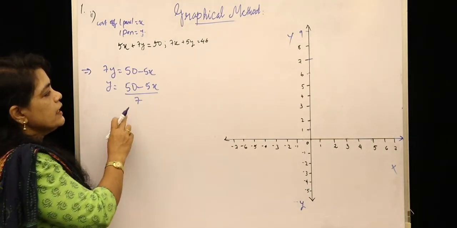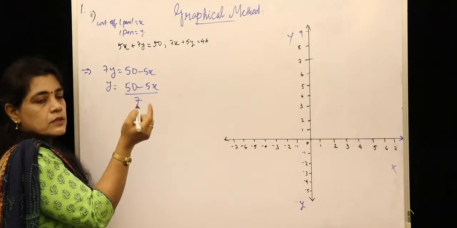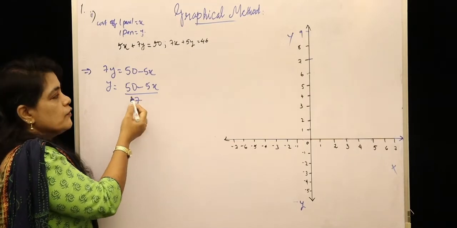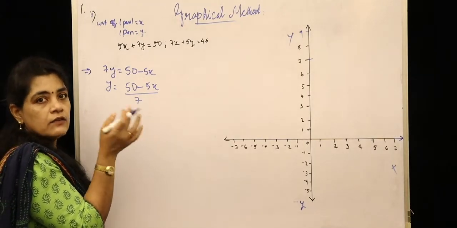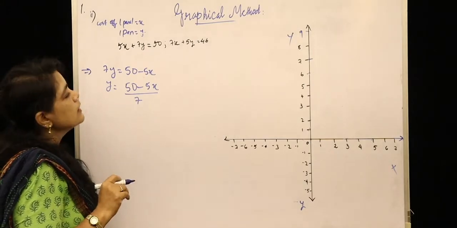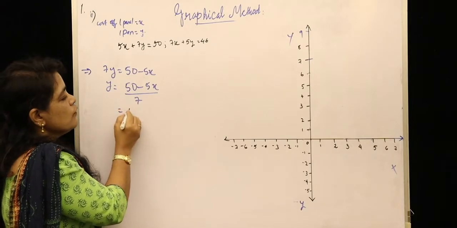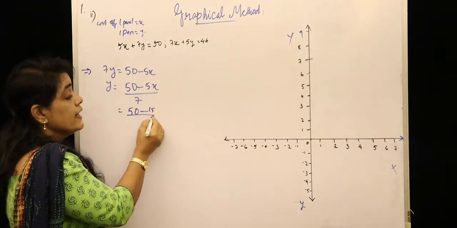Suppose I explain by taking 1. 50 minus 5 into 1 means 50 minus 5, 45, which is not a multiple of 7. So we can't take the value of x as 1. If we take 3, see children, 50 minus 5 threes are 15, divided by 7.